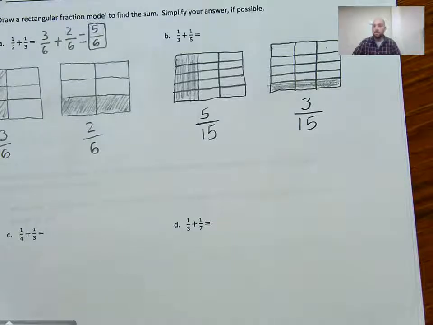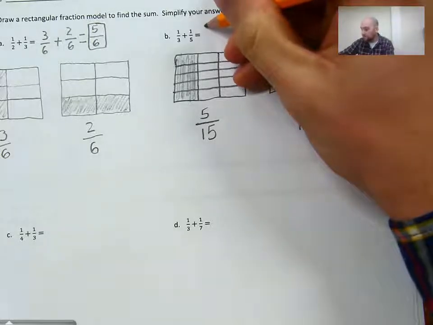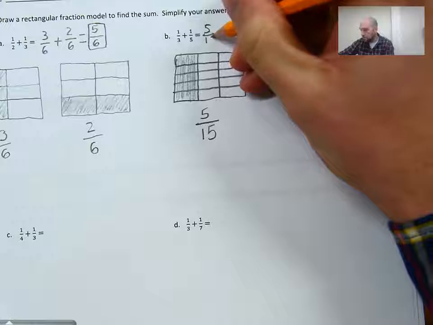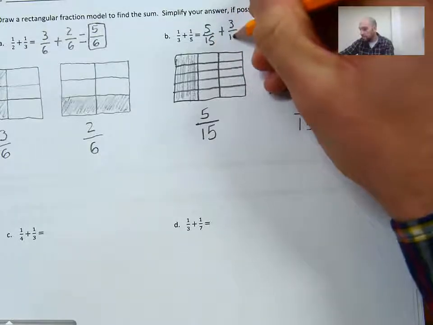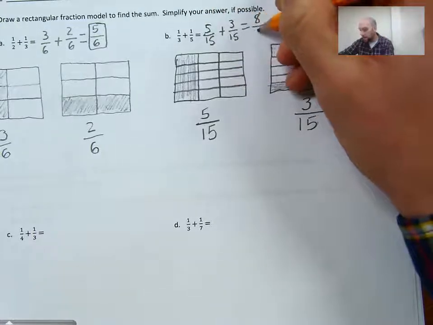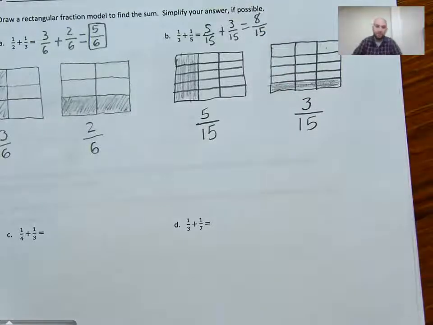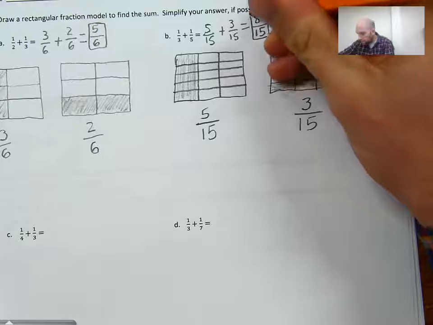And 1/5 is equivalent to 3 fifteenths. Now we can add. We have 5 fifteenths plus 3 fifteenths. 5 plus 3 is 8. We keep our denominator 15, and we get 8 fifteenths as our sum.